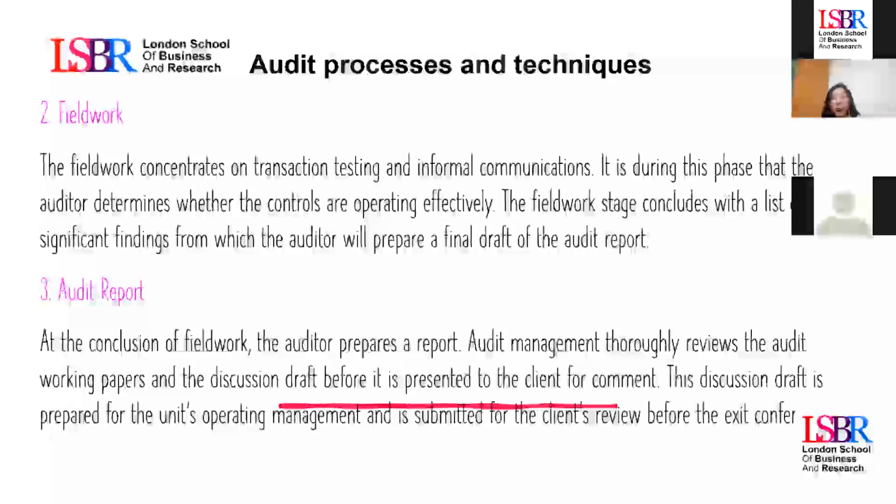And then the audit report, which we can divide into a draft and the final version of the report. A draft is when the auditor presents the issues that he found in the audit after applying all the audit techniques, and he invites the company to correct all the mistakes or deficiencies that the auditor detected.